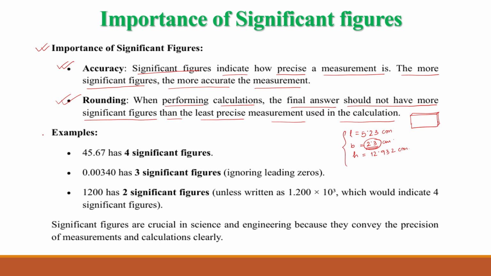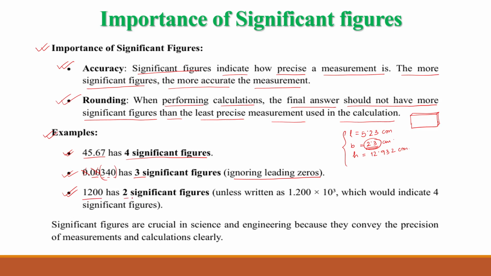Then example, 45.67 has four significant figures and 0.00340 has three significant figures. Here these zeros are not significant, ignoring leading zeros. Now the last example that we considered in our previous slide, 1200.